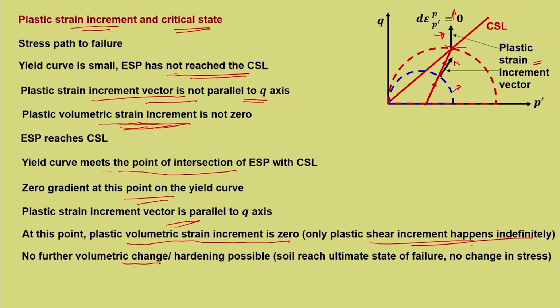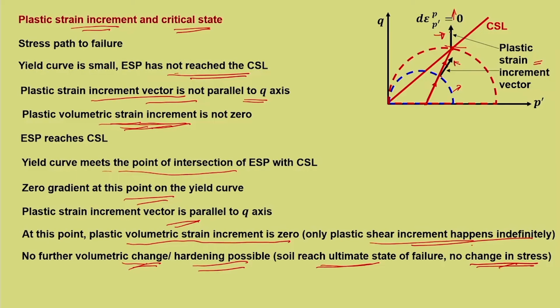No further volumetric change. So there are two things satisfied here, and no hardening is possible, soil reaches the ultimate state of failure and no change in stress. So no volumetric change and no change in stress, but it shears indefinitely.